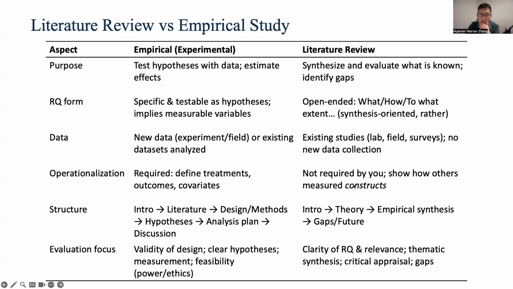But for a literature review, operationalization is not required of you, but you can show how others measure the corresponding construct. A construct is just a measure of some variable or some abstract idea. The structure of an empirical study, we have already mentioned in this course syllabus.